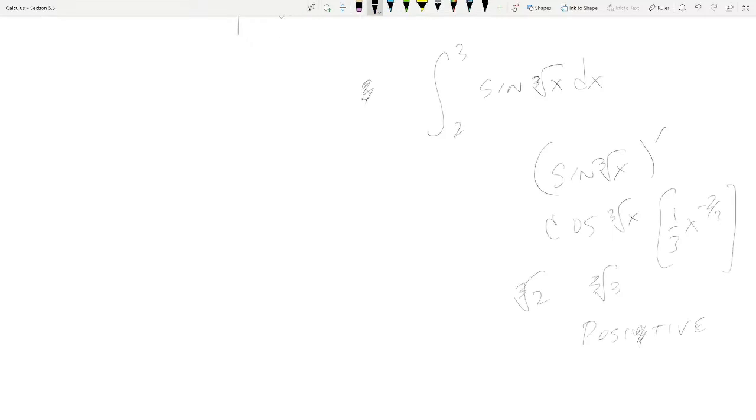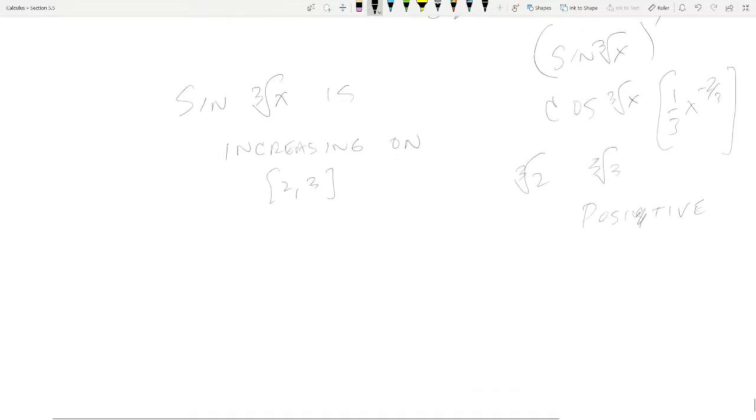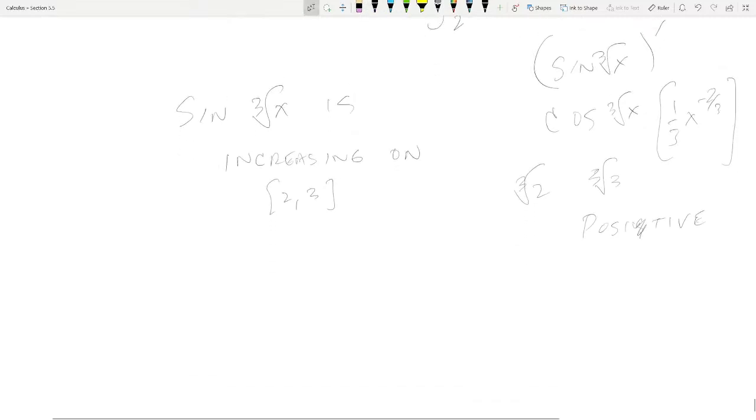and so what that means is that this is increasing. So sine of cube root of x is increasing on the interval 2, 3. Okay, so that means that the minimum is where we're at 2.